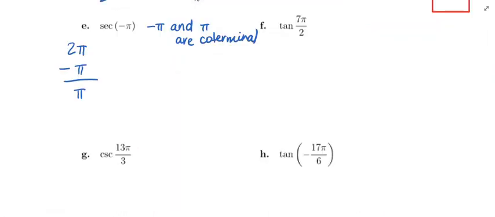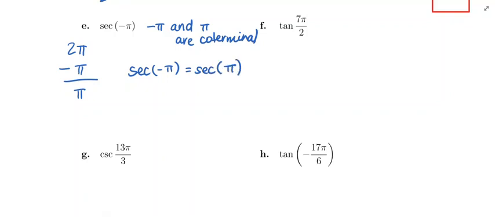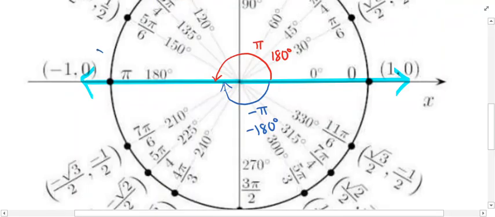Just like I said when I wrote this down, the angles negative pi and positive pi are coterminal. They have the same initial side and the same terminal side. So the secant of negative pi is going to be the same as the secant of positive pi.